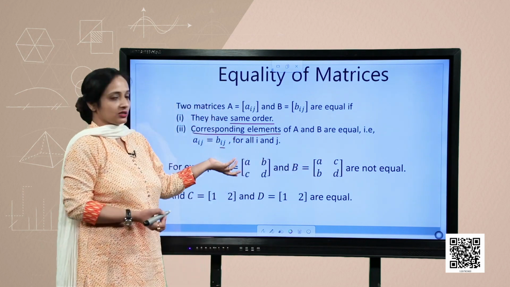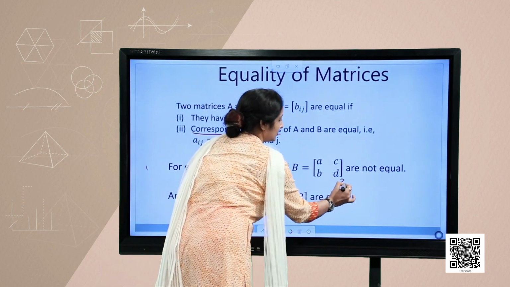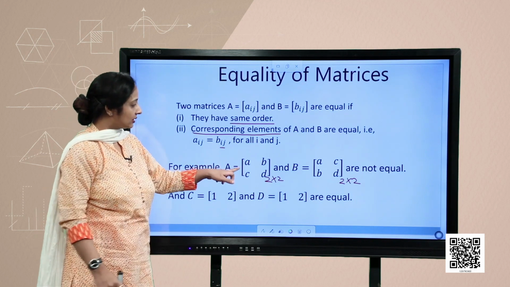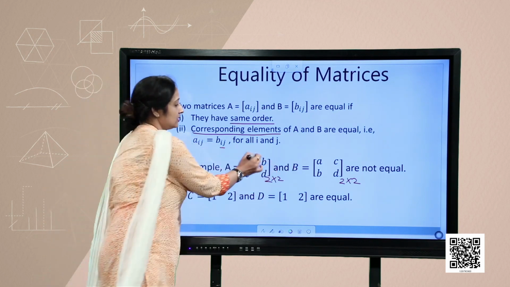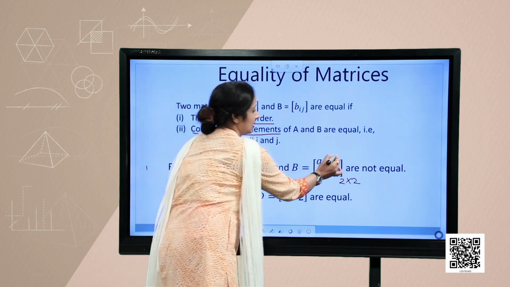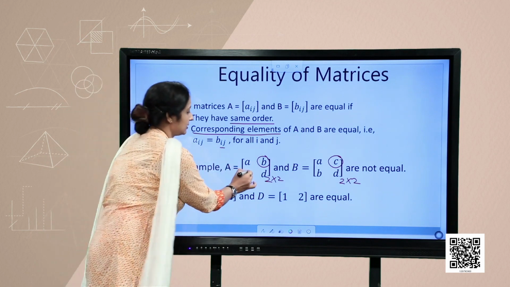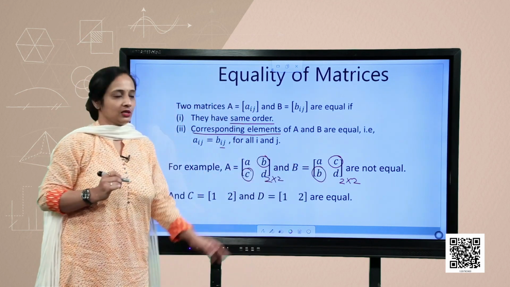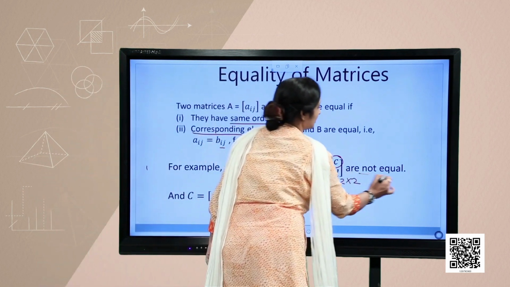Why? They have the same order, 2 by 2 each, but still they are not equal. Let's start comparing their corresponding elements: A and B do not match. Similarly, this C and B are also not the same. So that is why we can say that the two are not equal.